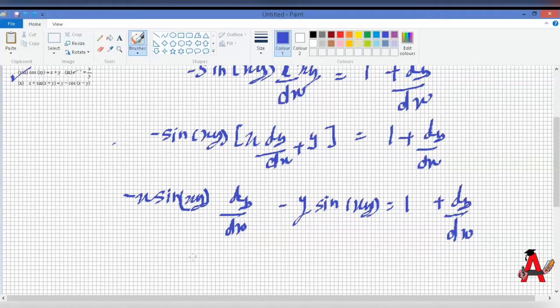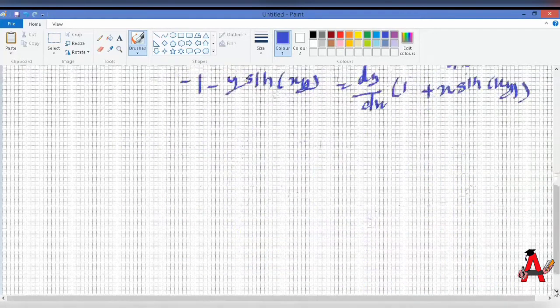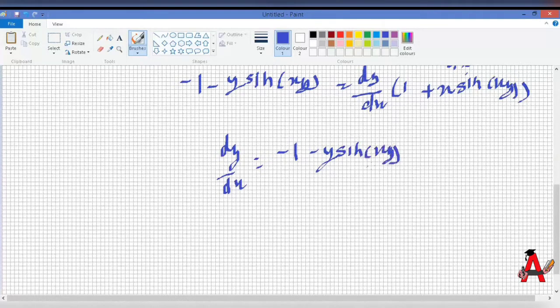So this will become minus 1 minus y sine of xy is equal to, and I will take dy by dx common. So dy by dx into 1 plus x into sine xy. Therefore, dy by dx is equal to minus 1 minus y sine of xy upon 1 plus x sine xy. This is the final answer.